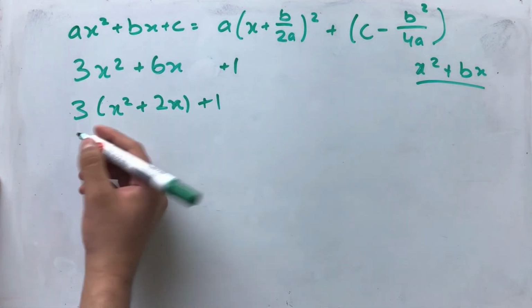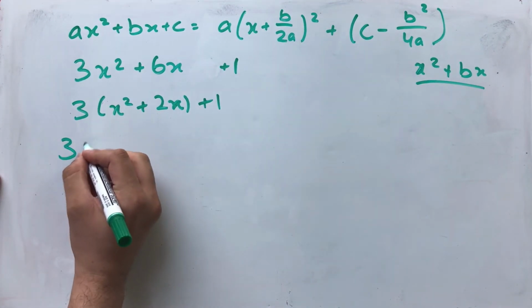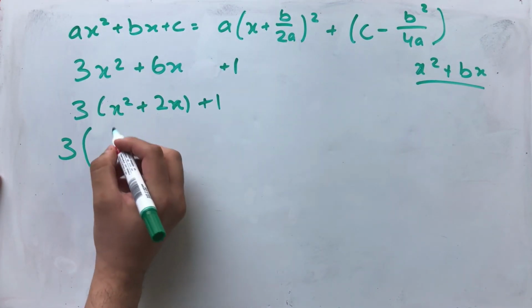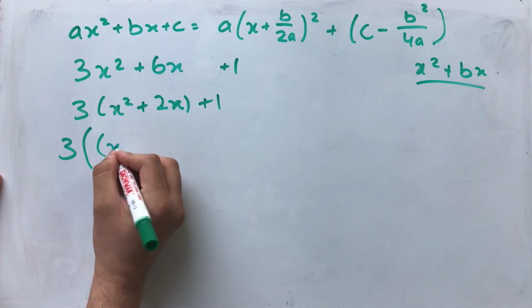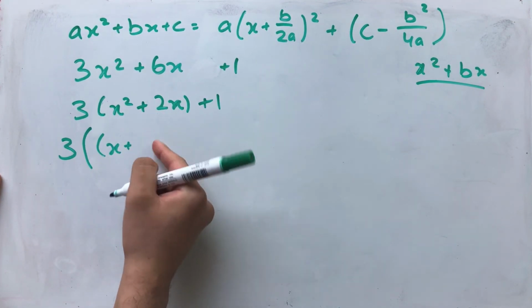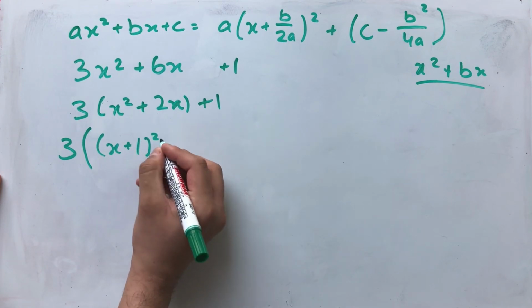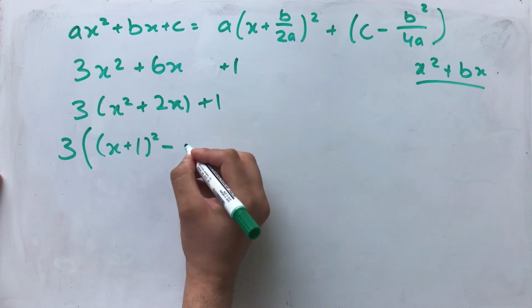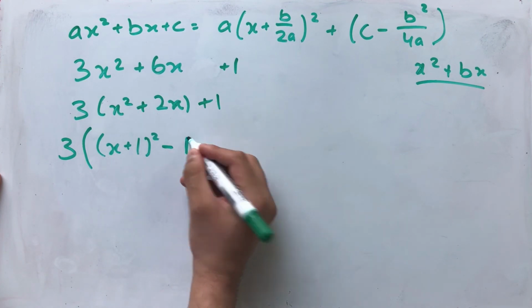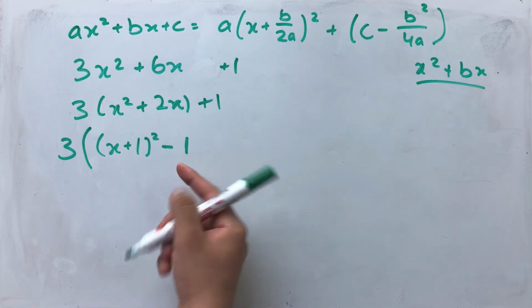It's really easy. Well, we go forward, do 3, remember that's big brackets, into, and remember how we did that last time? We do x plus 2 over 2, which is 1, x plus 1 squared, minus 2 over 2 again, which is 1, minus 1 squared, which is 1. That's it.